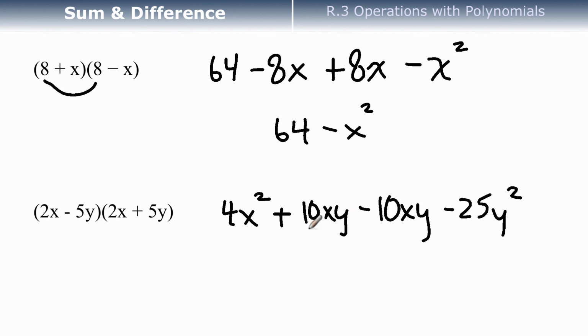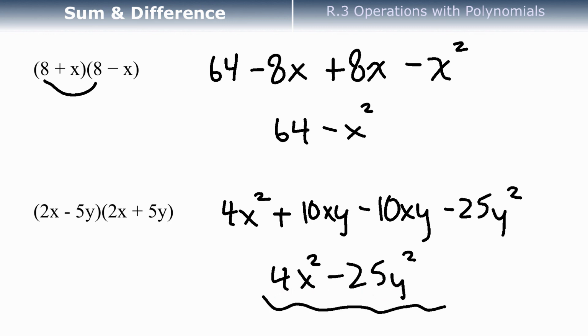Notice these two in the middle, positive 10, negative 10, cancel out. My answer for that product would be 4x squared minus 25y squared. When we get into factoring in the next section, and they ask us to factor this, we'll call this a difference of squares, because it's a difference of two squares. And you get these when you're multiplying two conjugates together like that.